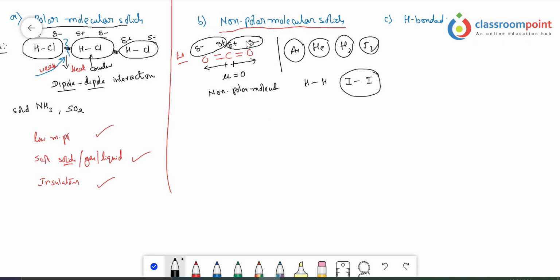So what type of forces actually exist in the non-polar molecular solids? See, I am taking iodine, I2, as a molecule like this. Let us take another I2 molecule here, and again an I2 molecule here like this. Let us take several I2 molecules. Within the I2 molecule, though the bond exists between the same atoms, for a moment, imagine if the electrons suddenly flow to one side.